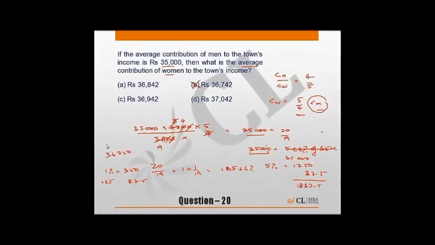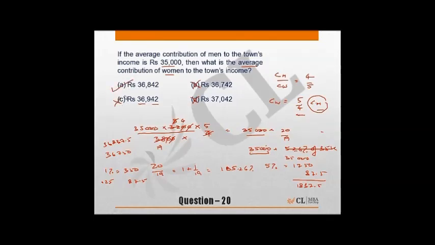So now I can say my answer should be greater than 36,837.5. 36,042 should be wrong. 36,942 and 842, this should be wrong. This is the correct answer.